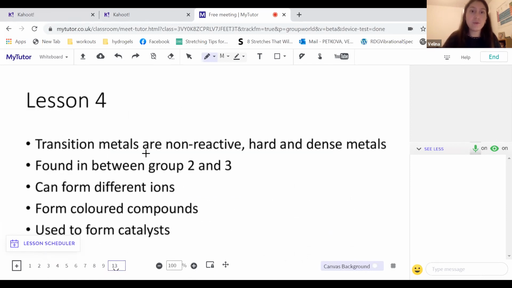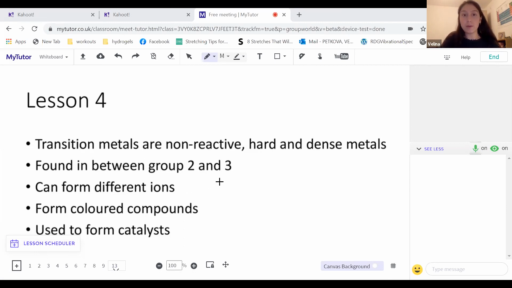Okay, so lesson 4. Yesterday we did some work on transition metals. We learned that the transition metals were non-reactive, they are hard and they are dense, and they obviously sink in water. They're found between group 2 and 3, that big block, the blue part of the periodic table. They can form different ions.